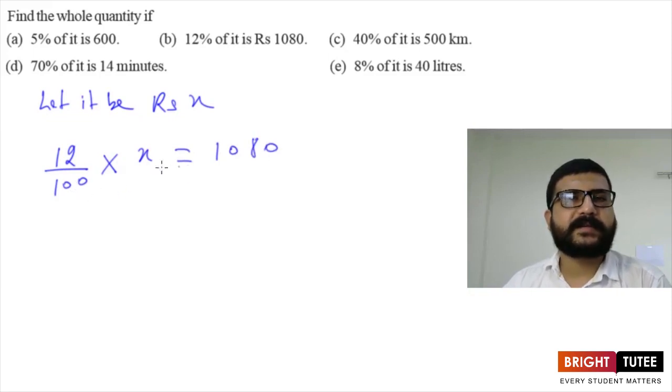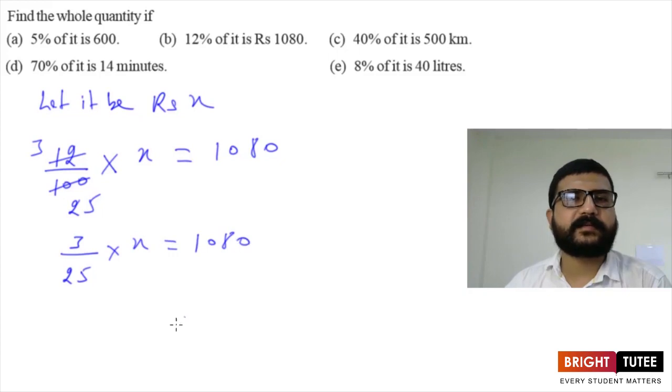Now we have to simplify this. 4 3s are 12, 4 into 25 is 100. So now from here we are getting 3 upon 25 into x is equal to 1080. Now from here we have to find the value of x.